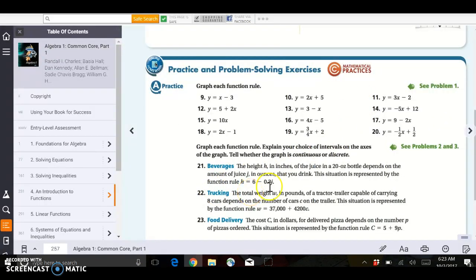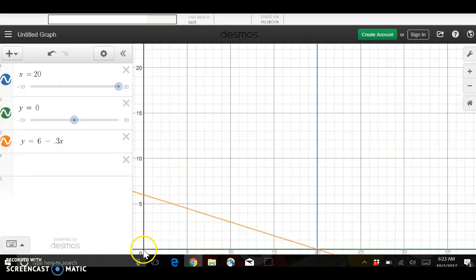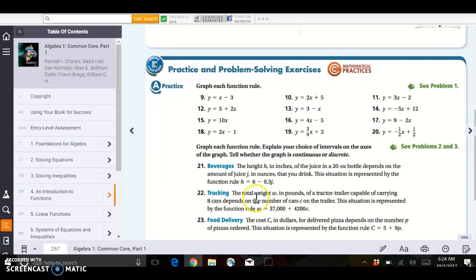Height is in inches, and so the maximum height would be 6. And we can see that also here because that's our intercept. So my maximum height is 6 inches. And that's it for that one.